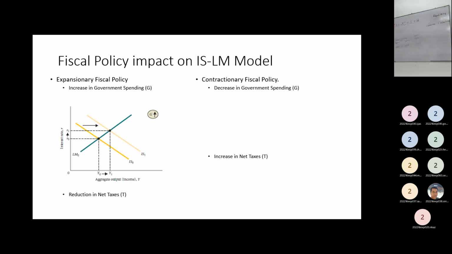We have to shift the curves properly. The other two you also have to draw. If you are done with this one, look at contraction in fiscal policy.